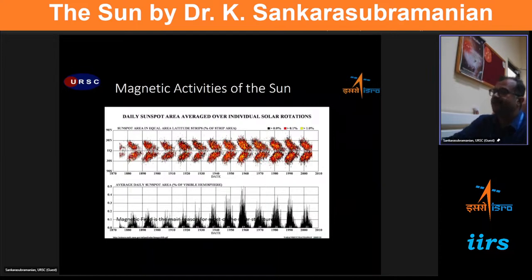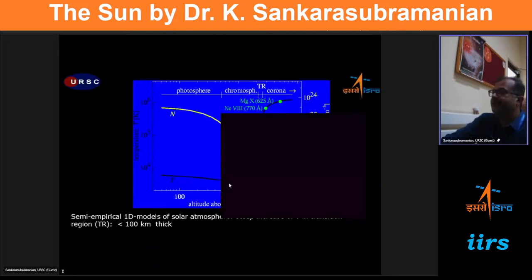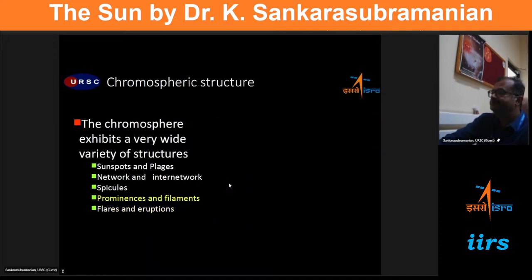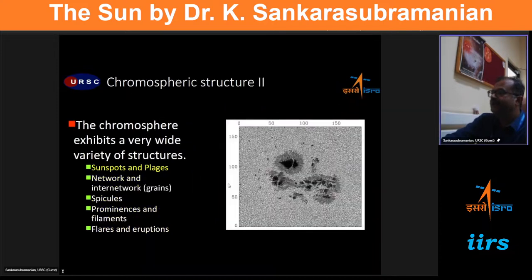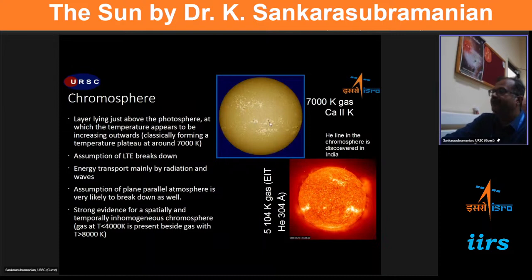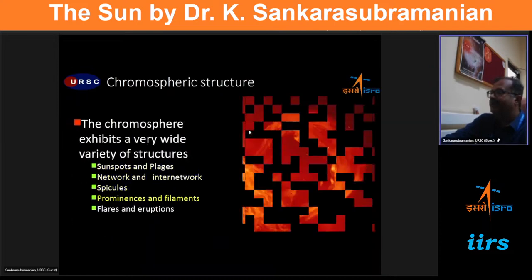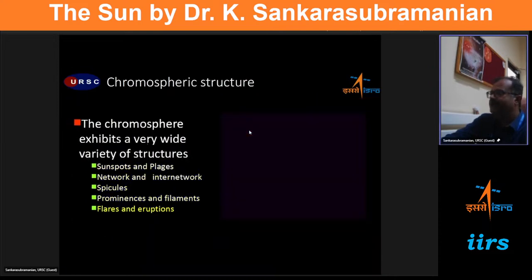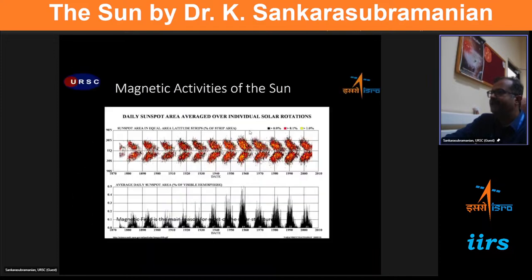So what you see here is a butterfly diagram. If I count the number of sunspots on any particular day on the solar disk, and then plot them, these are simple projects many of you can easily do.